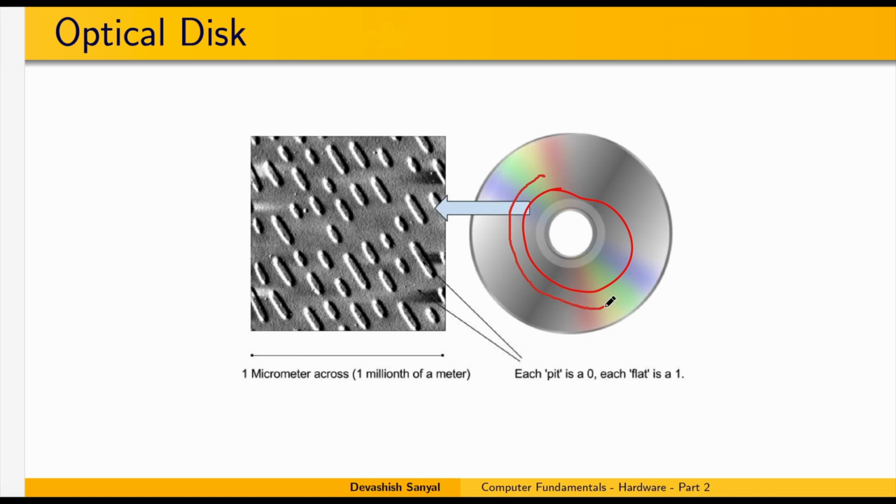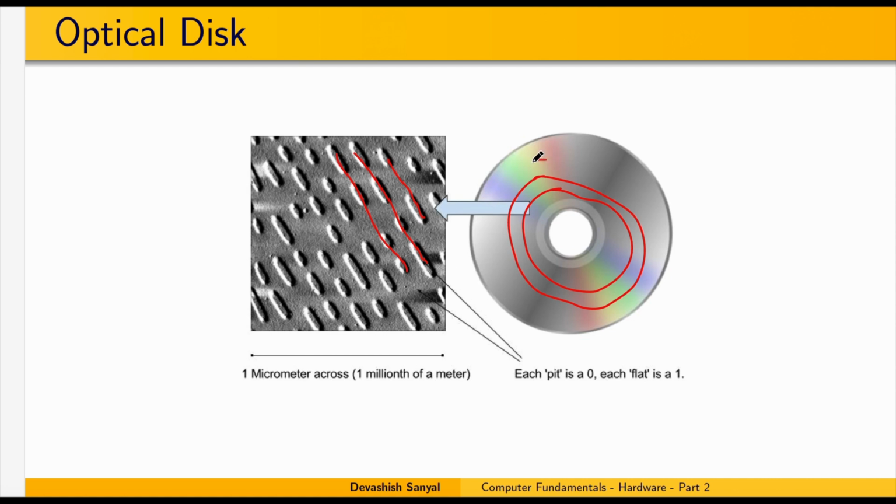So these pits and lands are all along a particular circle, this is along a particular circle, and this is along a particular circle.